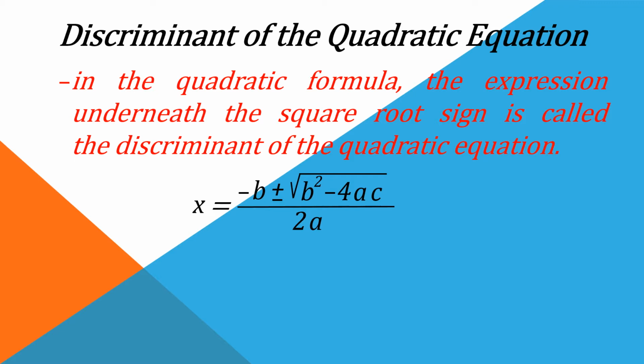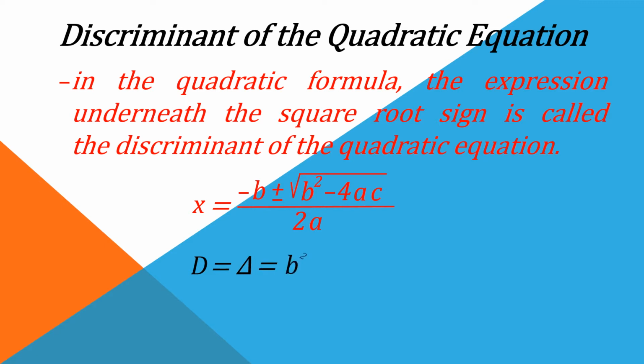According to the meaning of discriminant of the quadratic equation, the expression underneath the square root sign is called the discriminant of the quadratic equation. Looking at the quadratic formula, b squared minus 4ac is the expression underneath the square root sign, and therefore this is the discriminant of the quadratic equation.